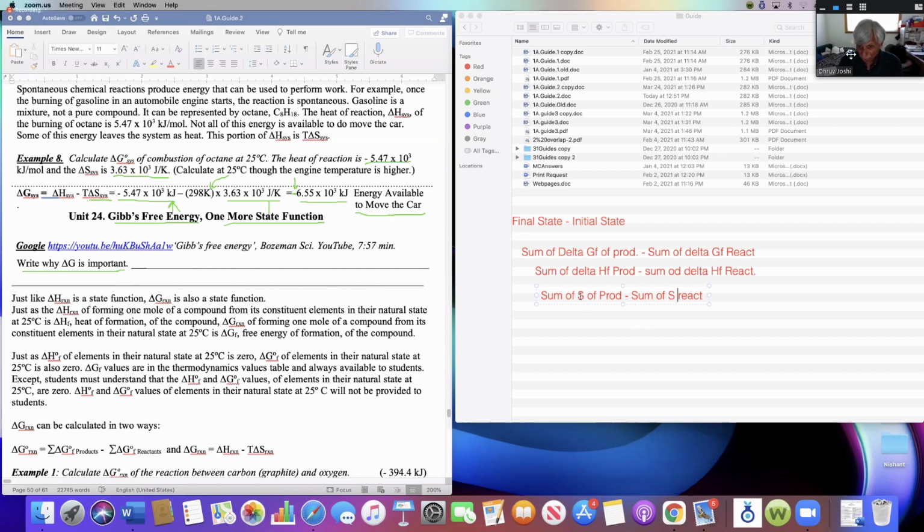And there is no delta here and there is no formation. Entropy does not get into formation. Everything has entropy because everything's temperature is more than 0 Kelvin. So we have entropy everywhere, and our entropy is positive, and so it's just S.